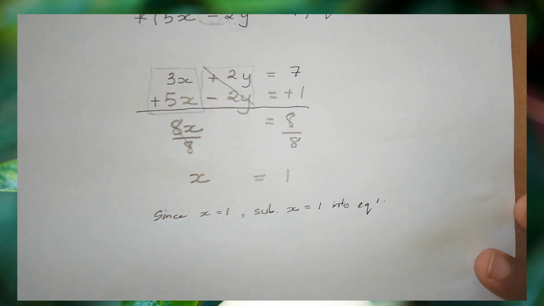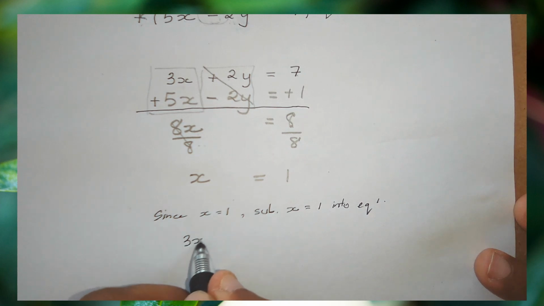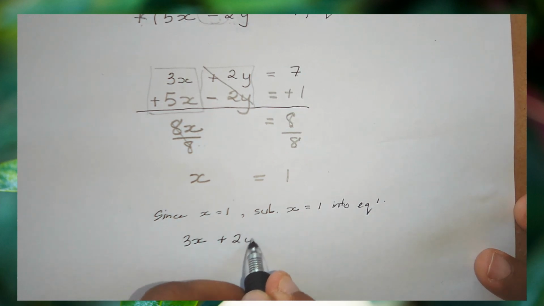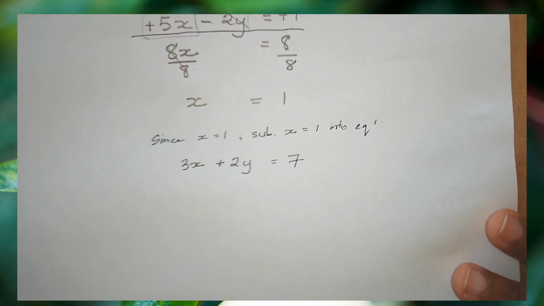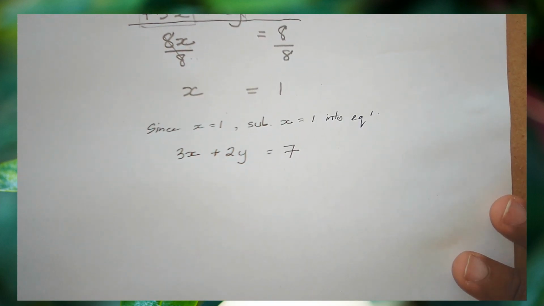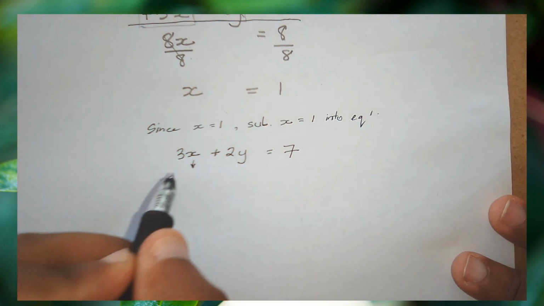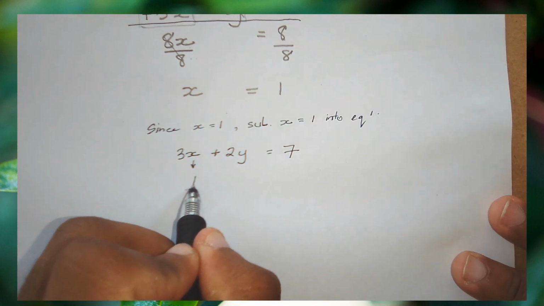So remember, equation 1 was that 3x plus 2y is equal to 7. And remember, we said that since x is equal to 1 now, I'm going to substitute or change over or take out x and put in 1. So I'm going to take out this x and I'm going to put in 1 in its place.